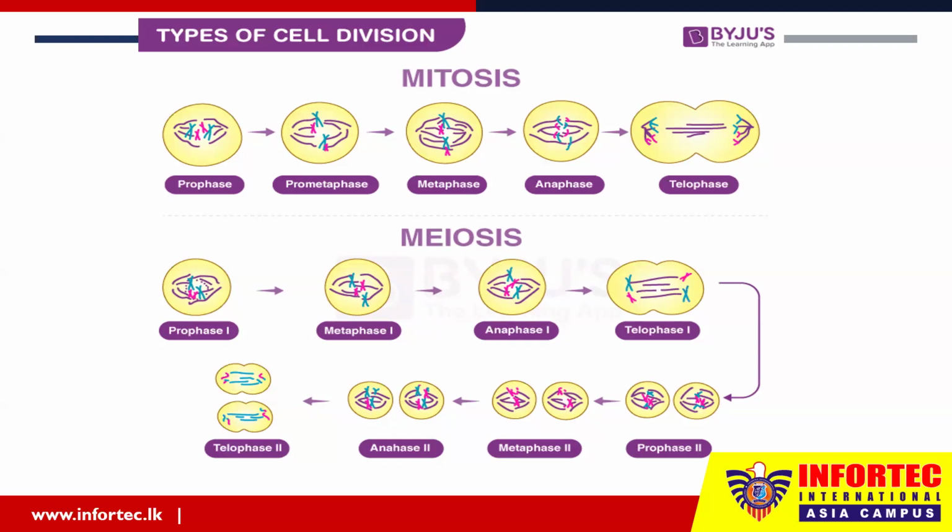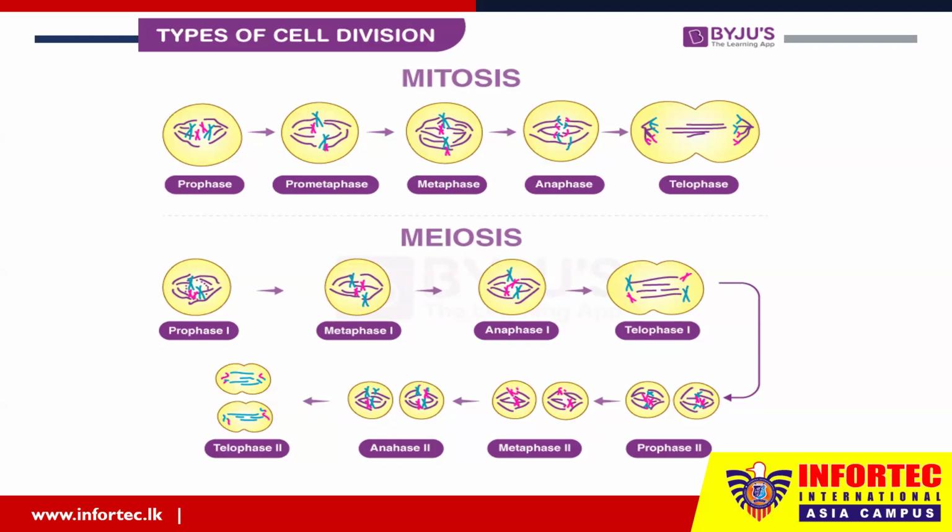The second stage of mitosis is the metaphase. In metaphase, the chromosomes, which are in different places of the cell, should be taken to the equator of the cell. The process of the chromosomes getting onto the equatorial plate is the metaphase.